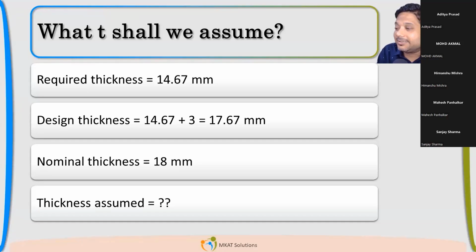The right answer is, I will start with 18 minus 3, which is 15 mm. And why do I start with that? Because at the end of life, my vessel is going to be 15 mm. I have to provide 18 mm; I cannot provide less than 18, even though the thickness required for external pressure is not that high.